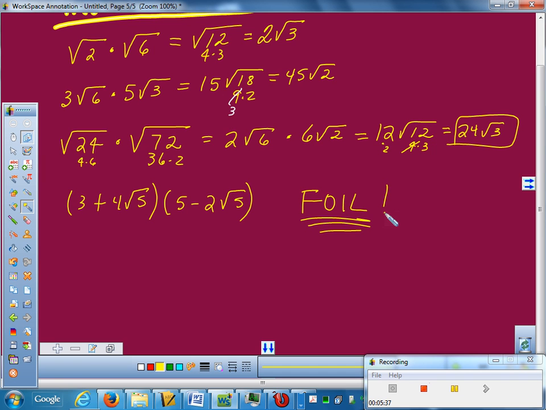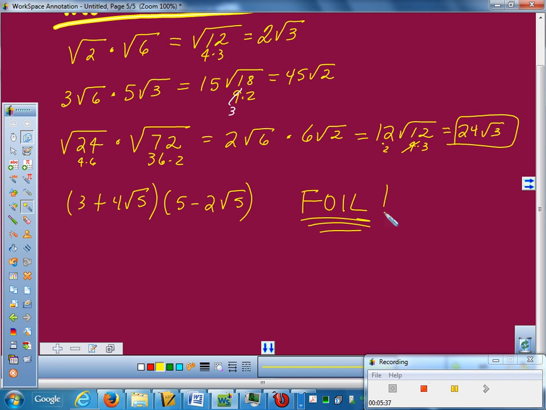Okay, do we remember what the FOIL stands for? Okay, and when it says first, what are the first? Yeah, the first one in each parenthesis. So what are the outers? The front and the back, the outsides of this.